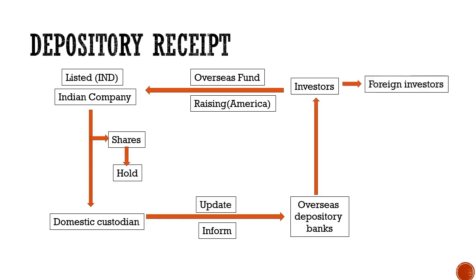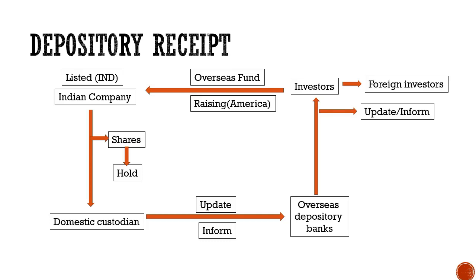So the Overseas Depository Bank, let's say the Overseas Depository Bank of USA, will inform the investor of USA about the credit of his shares. First of all, it will update and inform about the credit of the shares he has got.